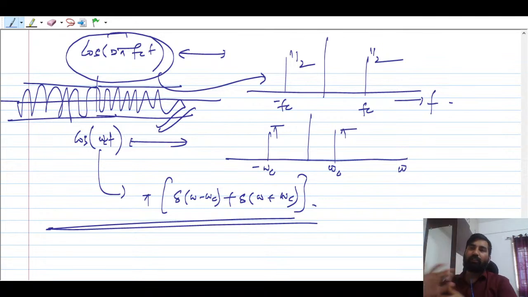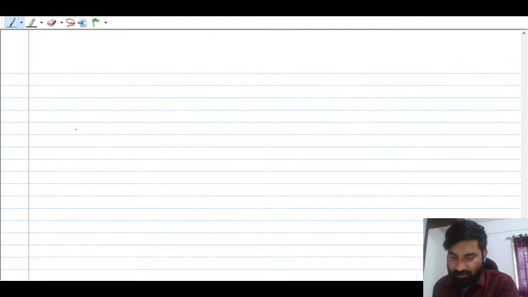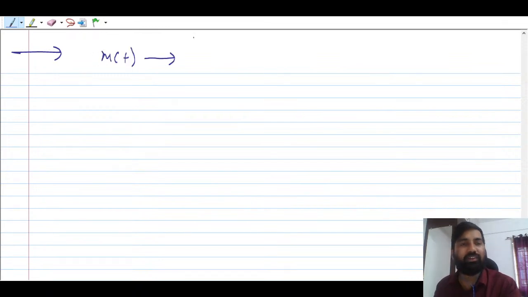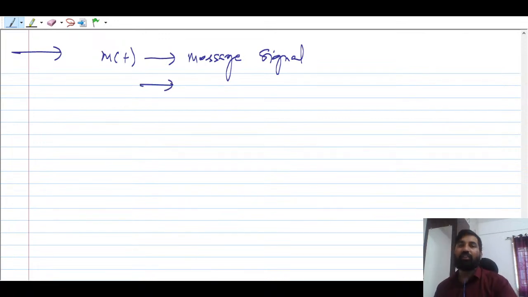What are the important notations, or what are the names of that message signal? I'm just going to talk about these, so please remember these things, they are important for you. So only a single frequency is there. Some notations and terminologies that I'm going to talk about now. Suppose we have the message signal m(t). m(t) is nothing but a message signal. इसको हम modulated नहीं बोलेंगे.